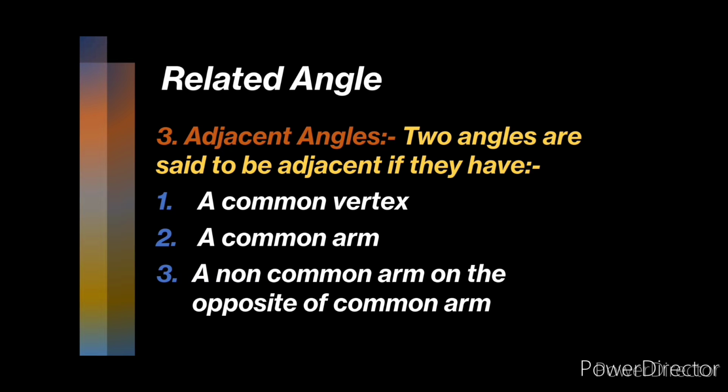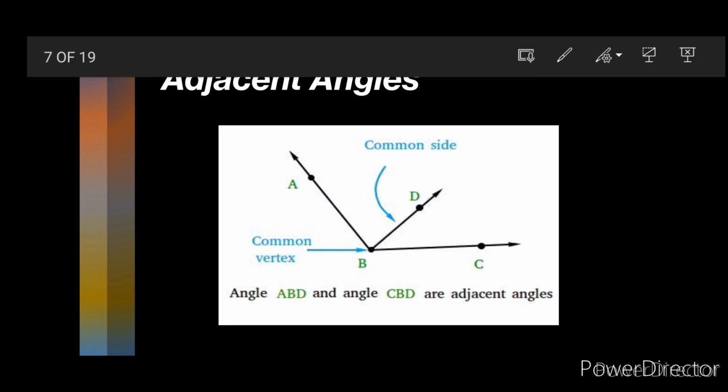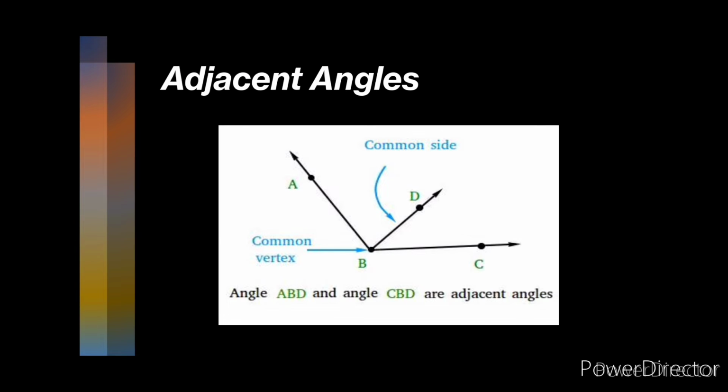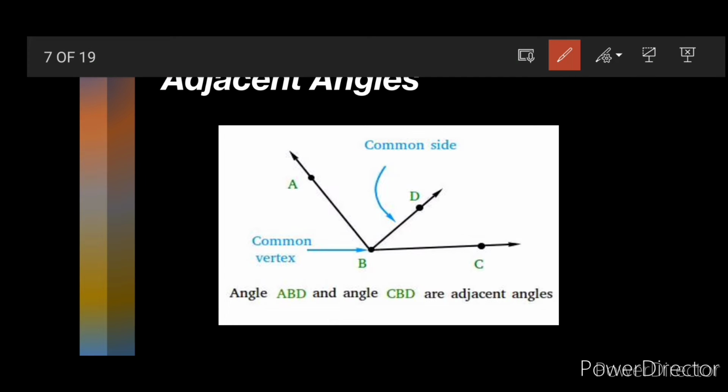We can understand it better by going through the figure. Let's see. This is an example of adjacent angles. We have studied that they have a common vertex. We can see that B is the common vertex here, and the common arm is D. Non-common arms are A and C. All the properties are satisfied here.